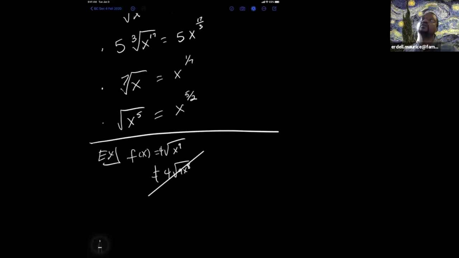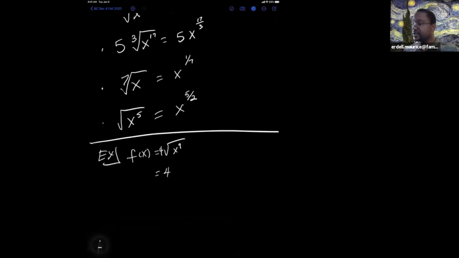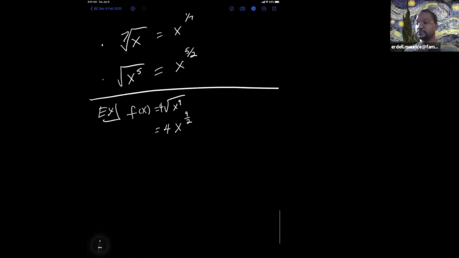What I have to first do before I attempt to take the derivative is rewrite it in fractional power form. And now I can take the derivative.